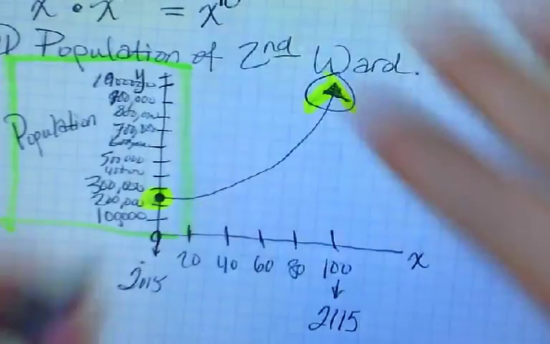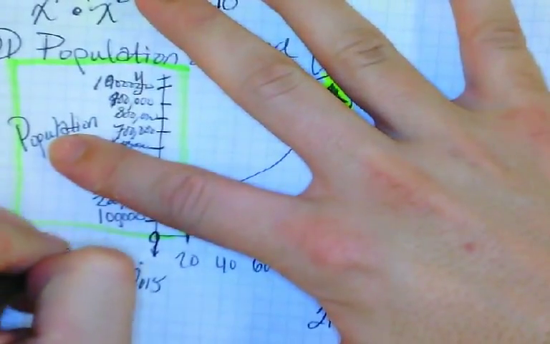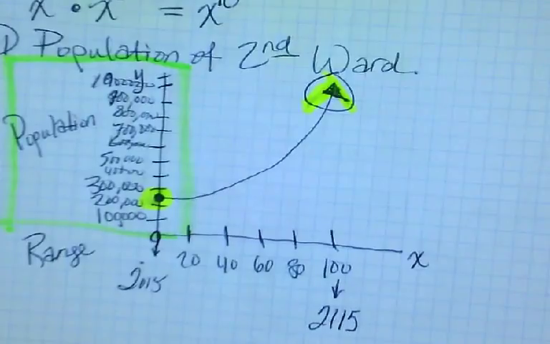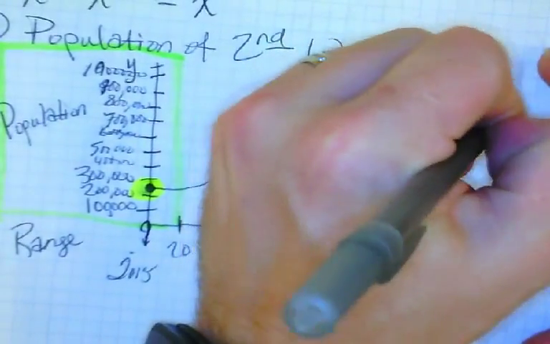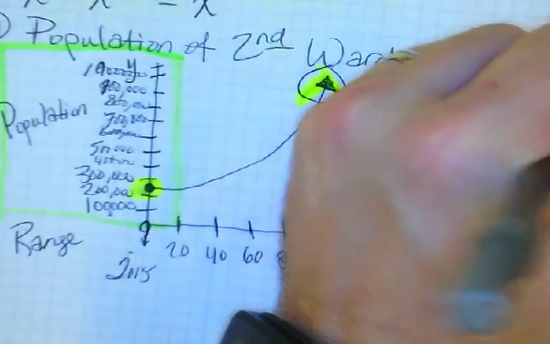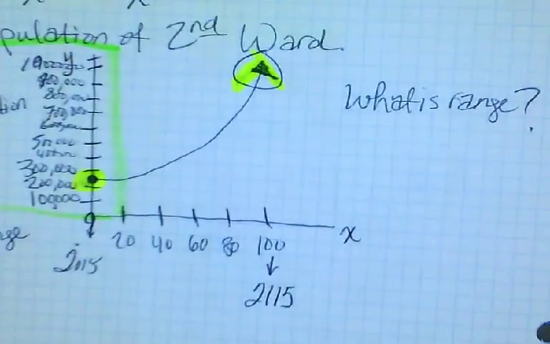Okay, so this is range. The question says range for this graph. So when they say what is the range for this function?